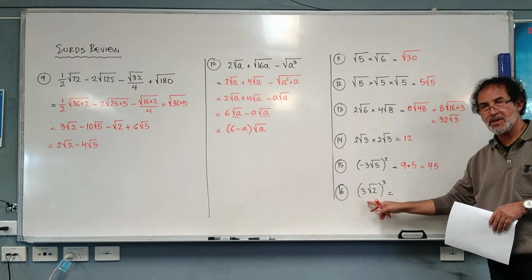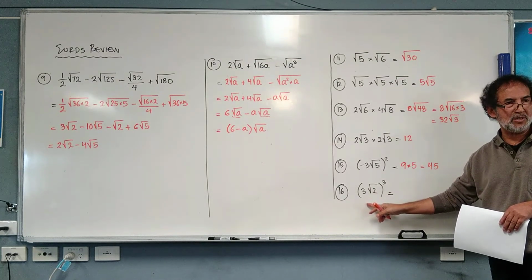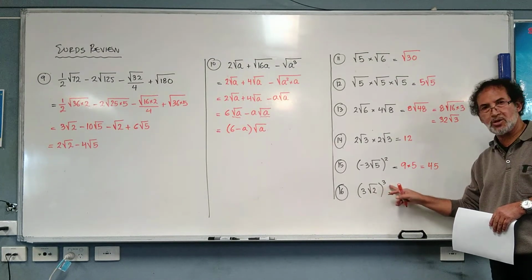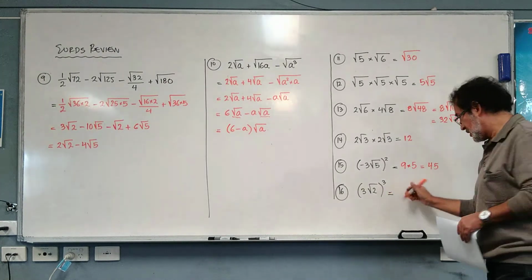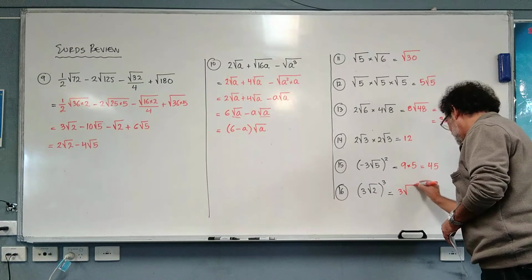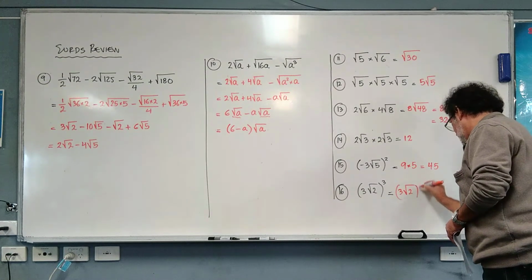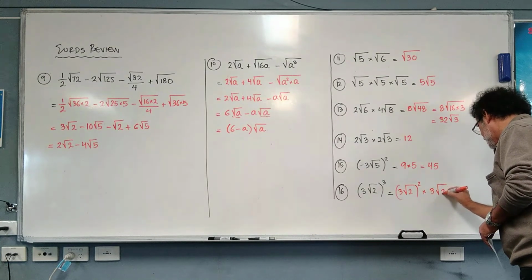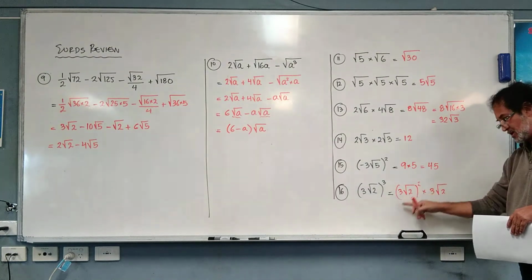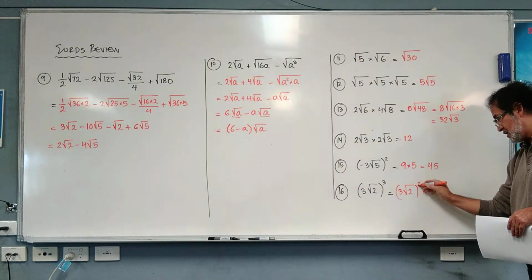Now for this one, please pay attention. Okay, so this is cubed. So we're going to do 3 square root of 2 squared, and then multiply by 3 square root of 2, because I really want to have a square so then I can get rid of the square root.